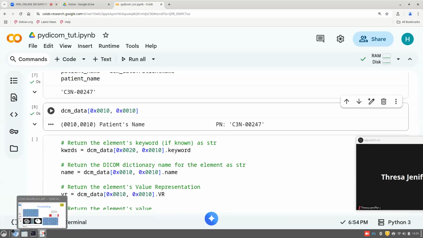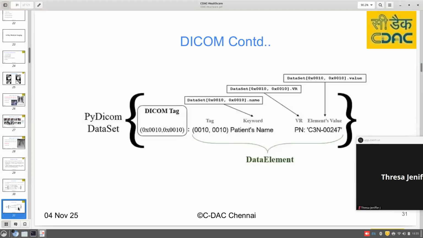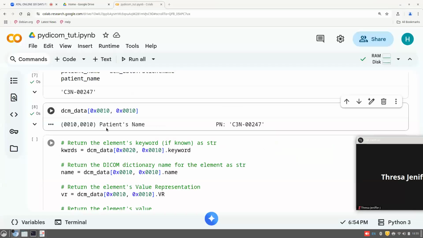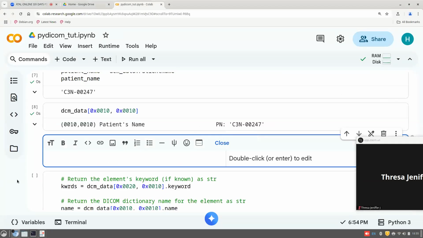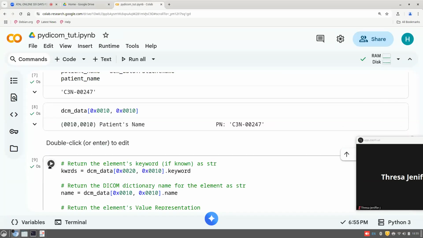As I said, DICOM data is generally of this format: DICOM tag, keyword, value, element value. So you can use either the tag or the keyword to access the DICOM data.